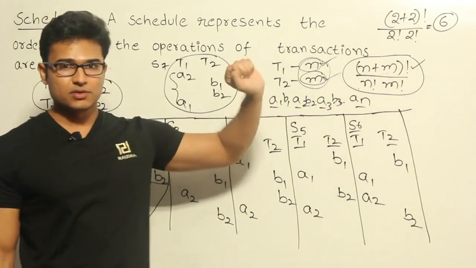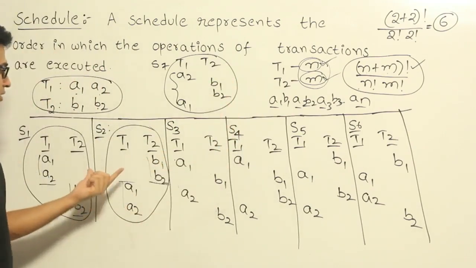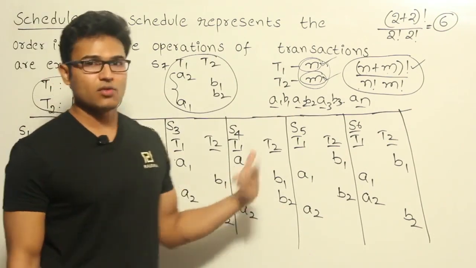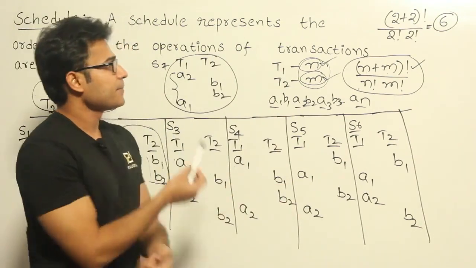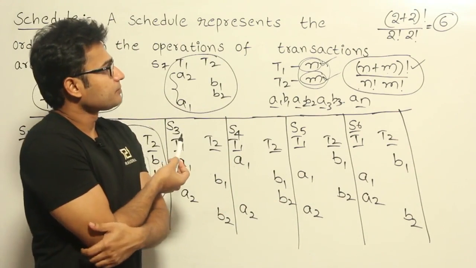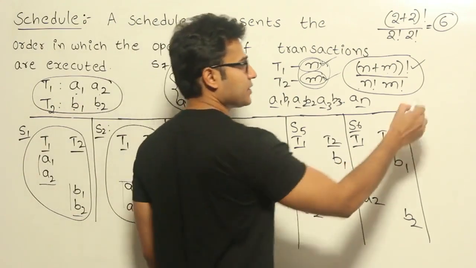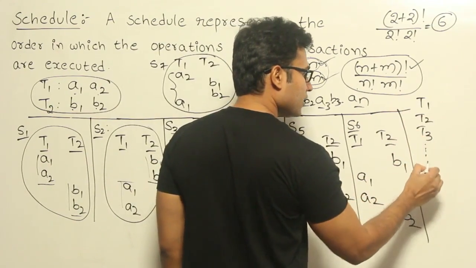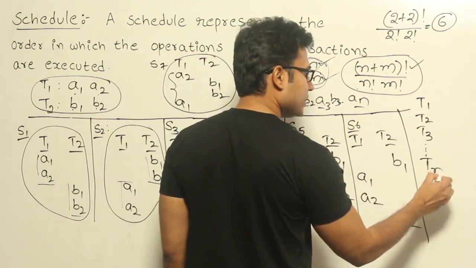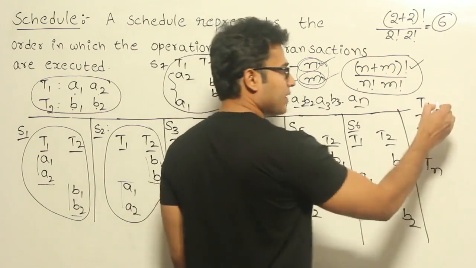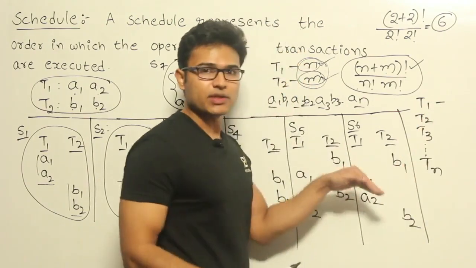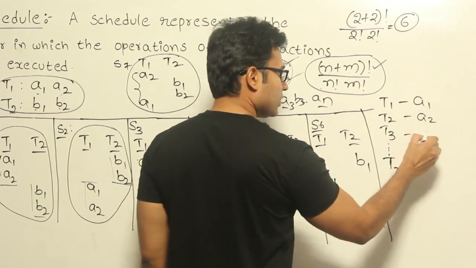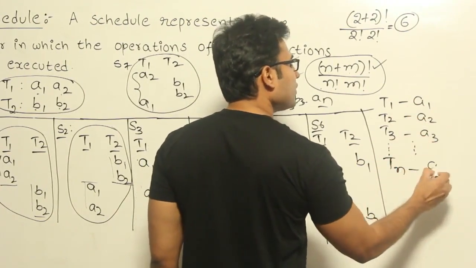Now out of the 6 schedules, 2 are going to be serial schedules, right? And all the remaining are going to be non-serial schedules. Got it? Now let us assume you have n transactions, T1, T2, T3, so on, Tn, and let's say the number of operations in each transaction is A1, A2, A3, so on, An.